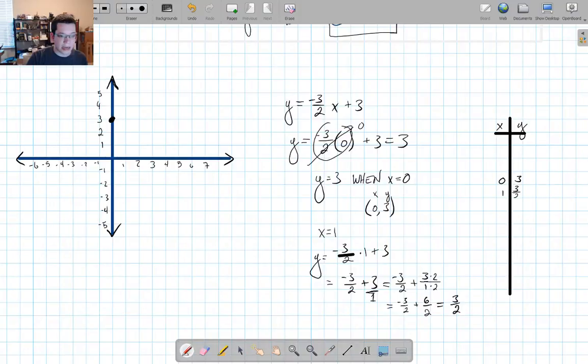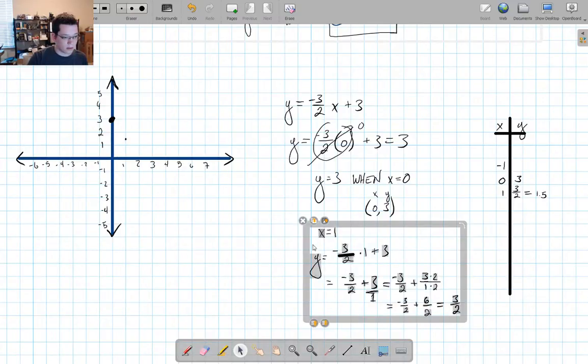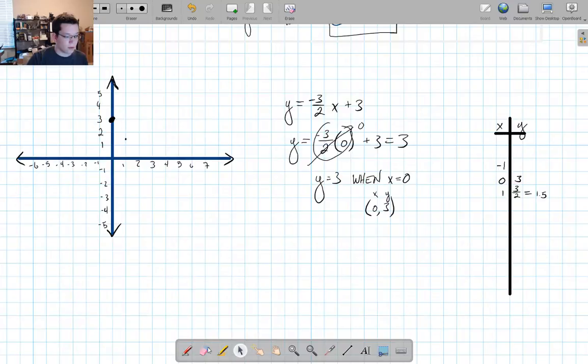So this is 3 halves, which is 1 1/2. So we're going to go up to 1 and about a half. And that'll be our point there. We'll go to negative 1 and see what happens. So if we have x equal to negative 1, then we have negative 3 over 2 times negative 1 plus 3.